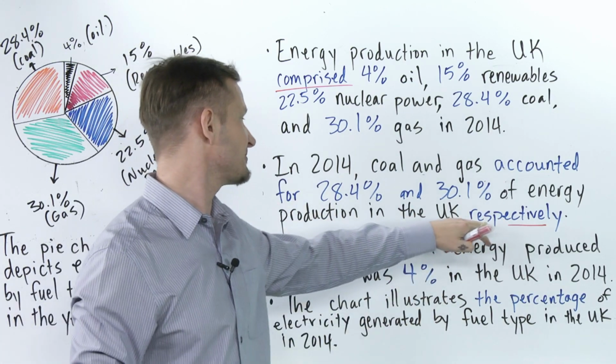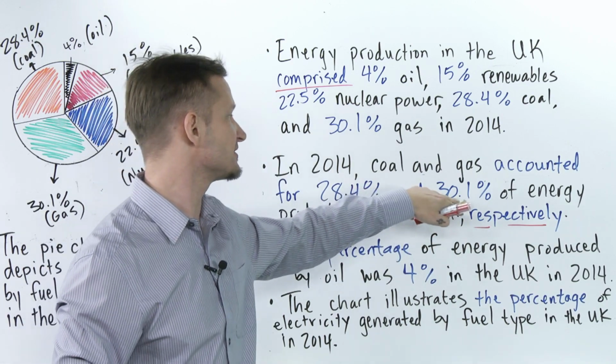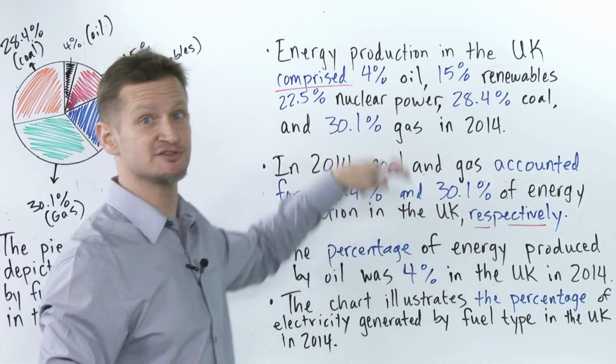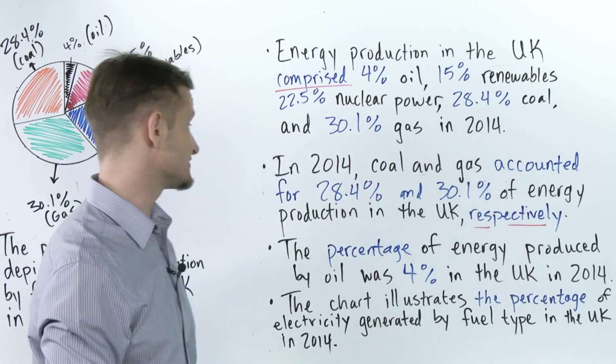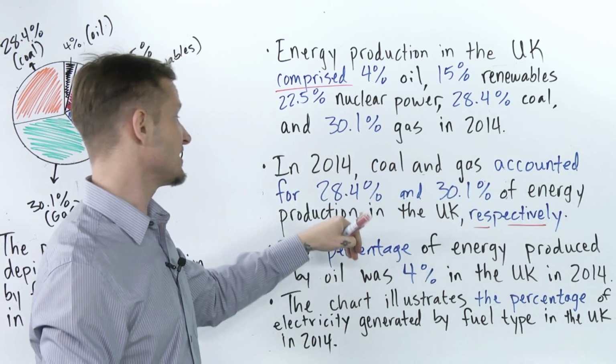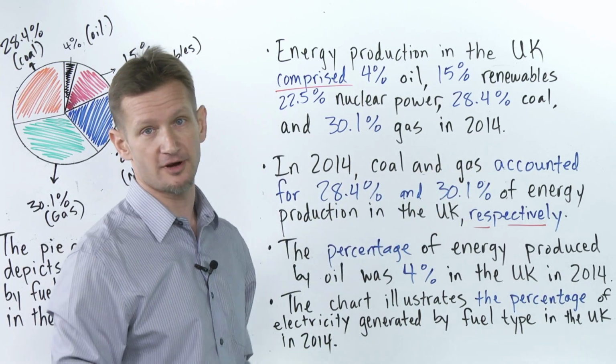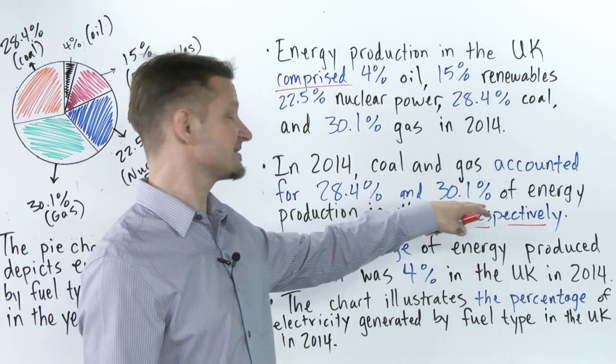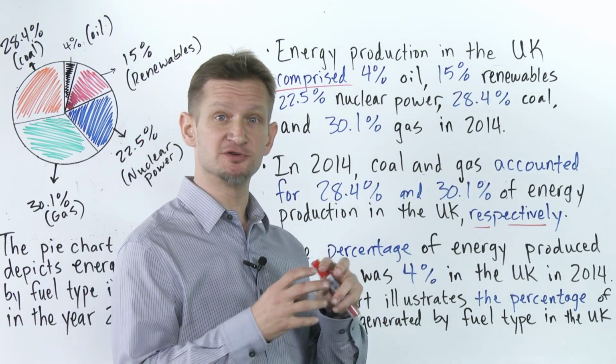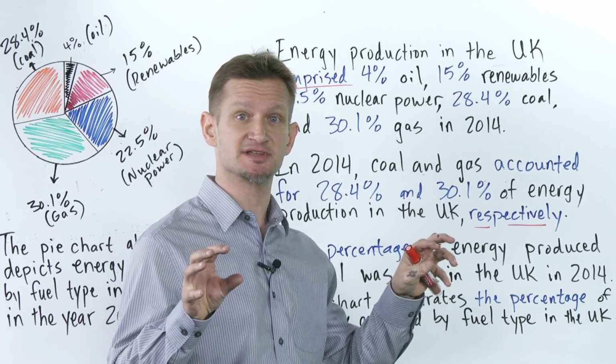This respectively means that these two numbers account for the two nouns that preceded it. So it went coal and gas, and that means coal is 28.4 and gas is 30.1. Respectively allows you to talk about two distinct percentages in one sentence.